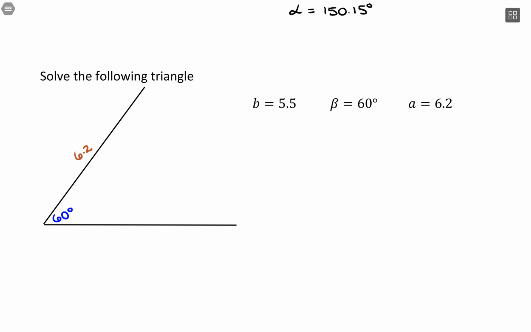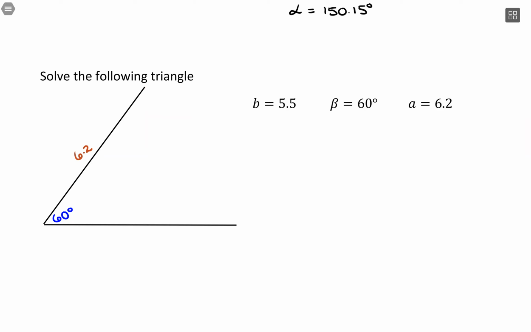So what I could see immediately is that 5.5 is shorter than the 6.2. So with that, I think of two possibilities. Well, I guess there's technically three possibilities. If 5.5 is shorter, there's the case where we end up with two spots that we can cross. We could end up with the case where it's exactly equal to the height, or we could end up with a case where it's shorter than the height and we don't even have a triangle that we can work with.